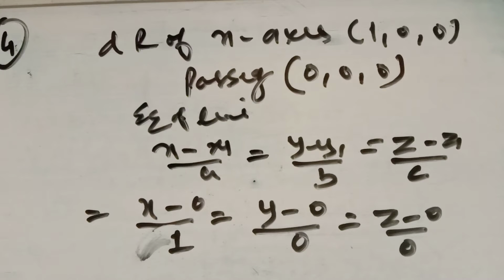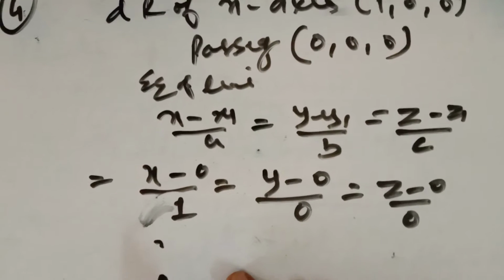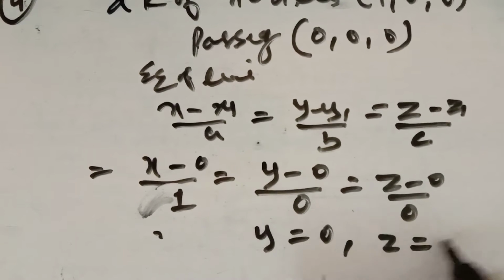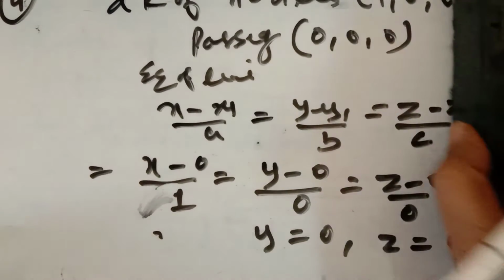The direction ratio of the x-axis I have already told you, it is 1, 0, 0, and the line passes through this point. So you will get x minus 0 upon 1, that is, y is equal to 0 and z is equal to 0. So this is question number 4.